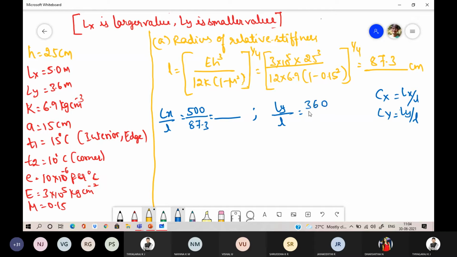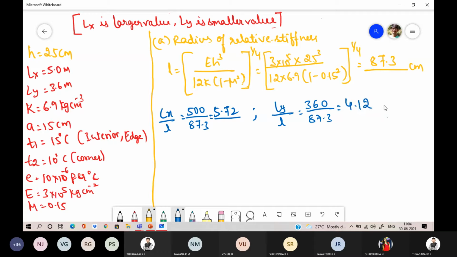Then 360 divided by 87.3. How much is the Lx by L ratio? Are we getting 5.72? Okay. Then this one, 4.12.